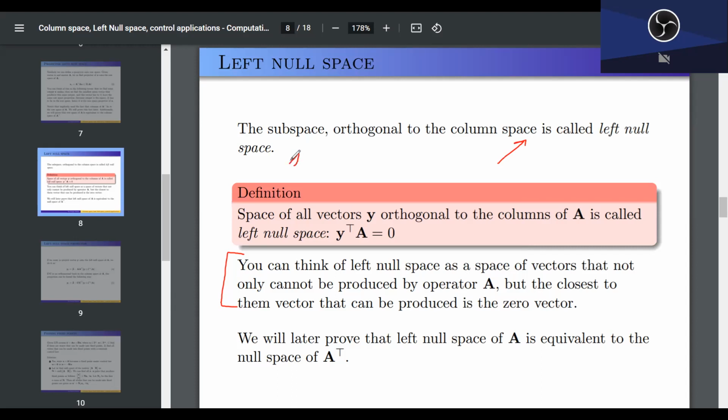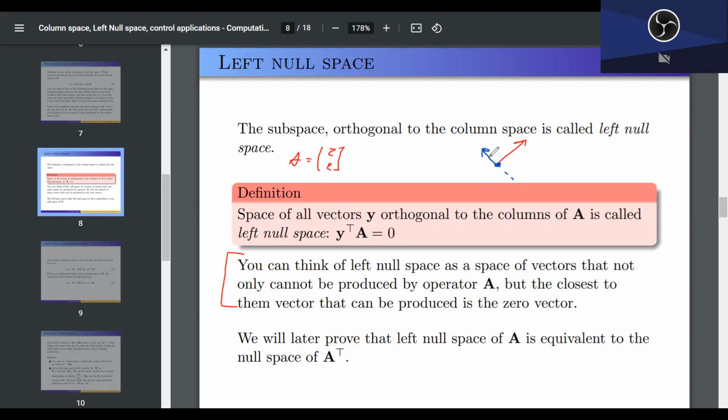Well, let's say A is equal to 2 and 2. Then vectors in those directions on the plane cannot be produced by A. Moreover, the closest to them that A can produce is a zero vector, right?